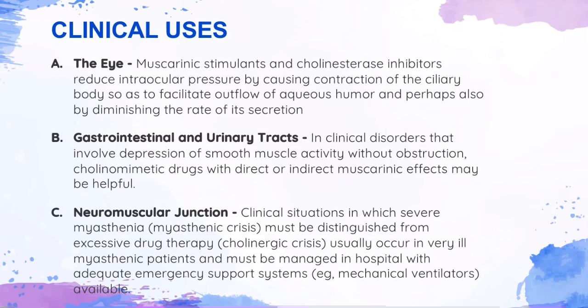In the neuromuscular junction, clinical situations in which severe myasthenia must be distinguished from excessive drug therapy usually occur in very ill myasthenic patients and must be managed in hospital with adequate emergency support systems.